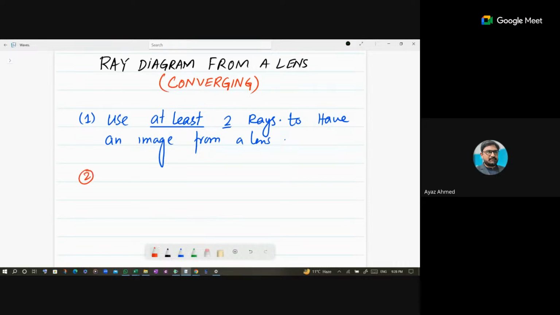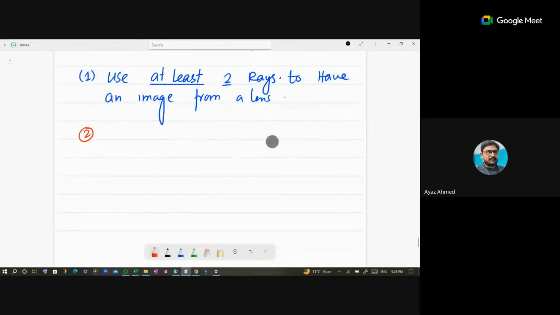Secondly, ray 1 must pass through the optical center without bending. I will draw this, don't worry, and I will call it ray 1. So wherever I write ray 1, remember that I am writing about that ray.